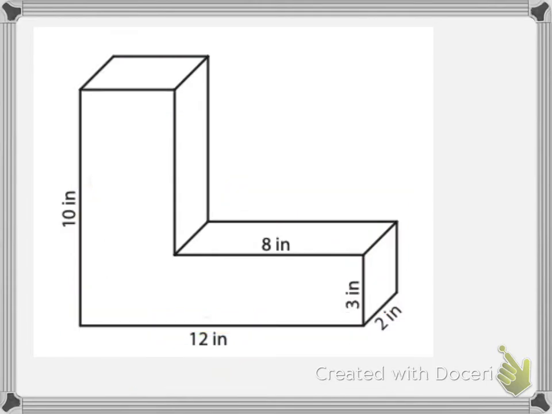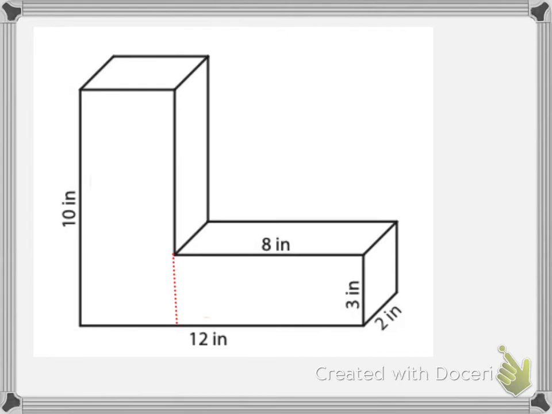So what we're going to do is split this shape. I'm just going to cut it right there on the red dotted line. That gives me a tall rectangle standing up and a little bit shorter one laying down.